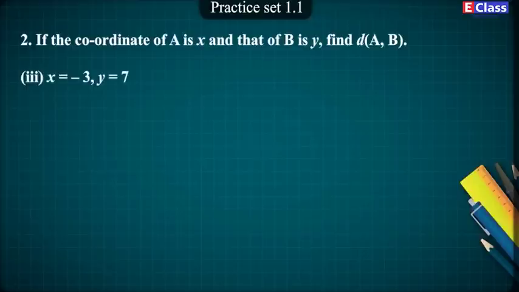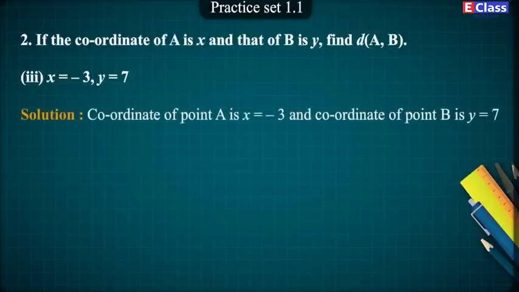3. X is equal to -3. Y is equal to 7. Solution: coordinate of point A is x is equal to -3 and coordinate of point B is y is equal to 7. 7 is greater than -3.